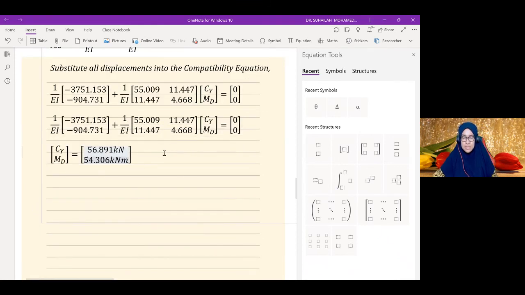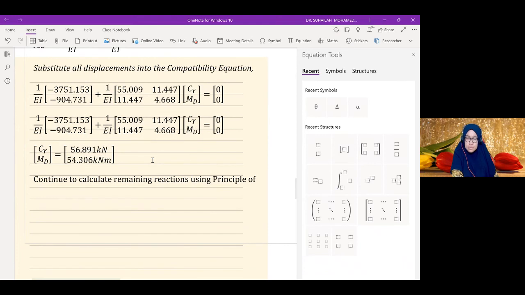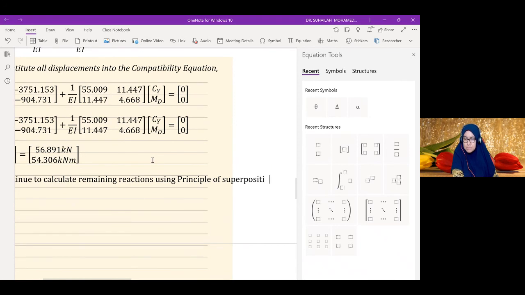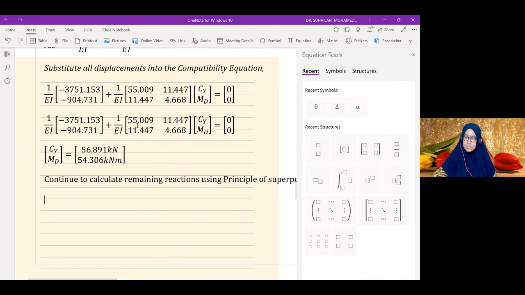Okay, so after this, we continue to calculate remaining reaction using principle of superposition. So what we want is BY.